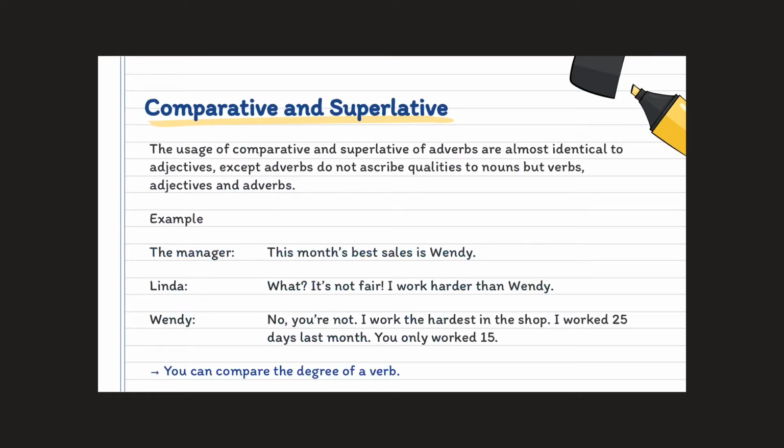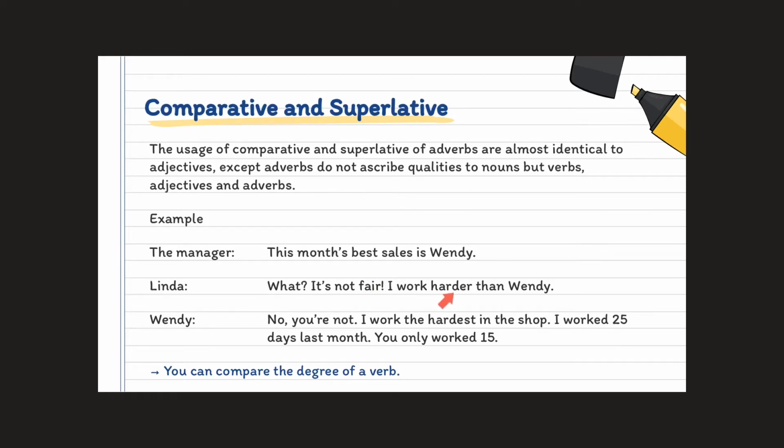The usage of comparative and superlative adverbs is almost identical to adjectives, except that adverbs do not ascribe quality to nouns, but to verbs, adjectives, and adverbs. Example: the situation where the manager is talking to Linda and Wendy. The manager said, "This month's best sales is Wendy." And then Linda said, "That is not fair?